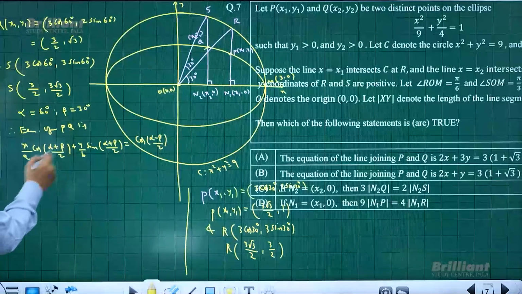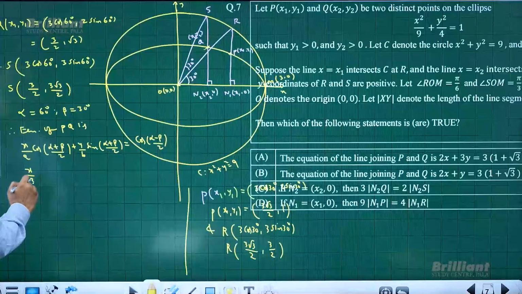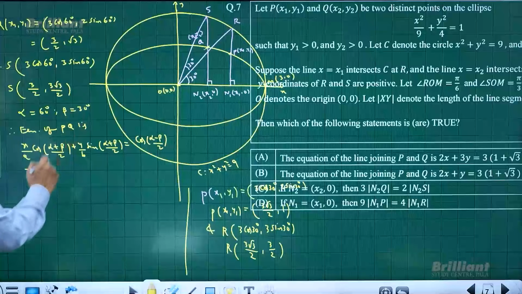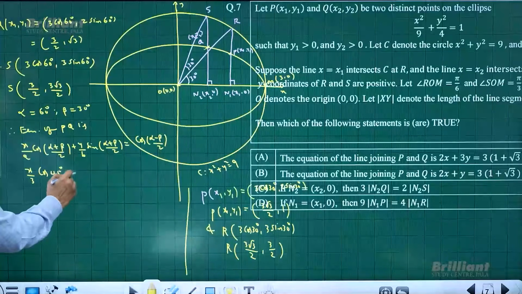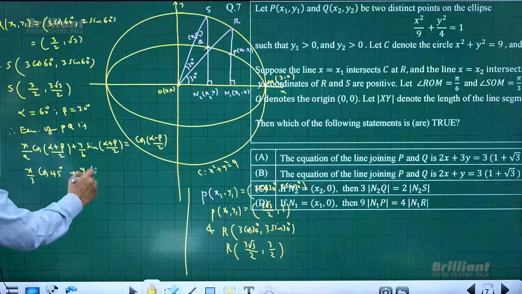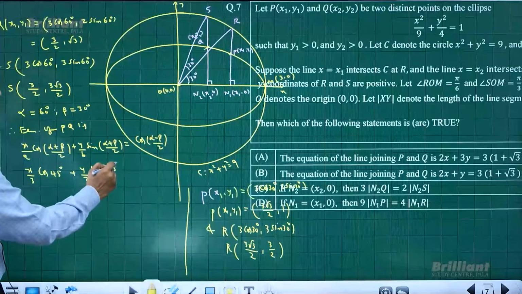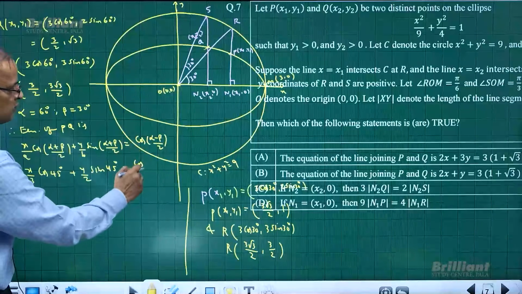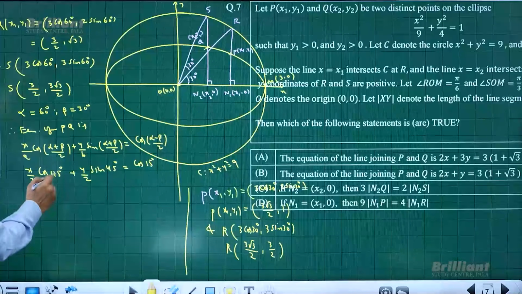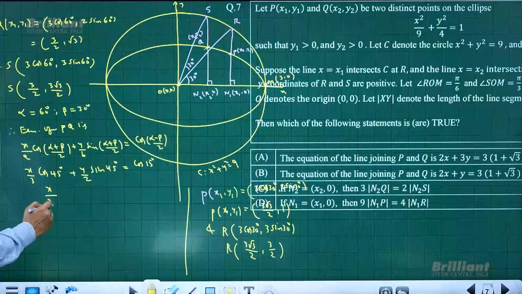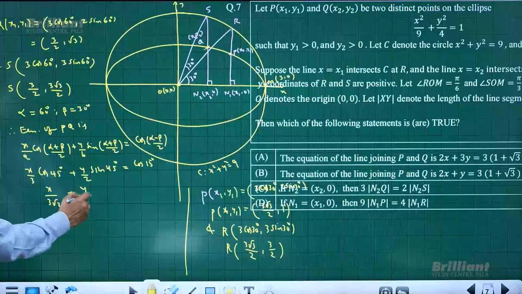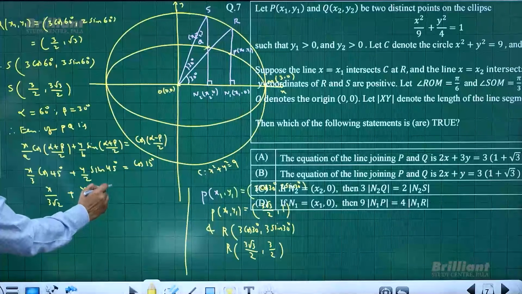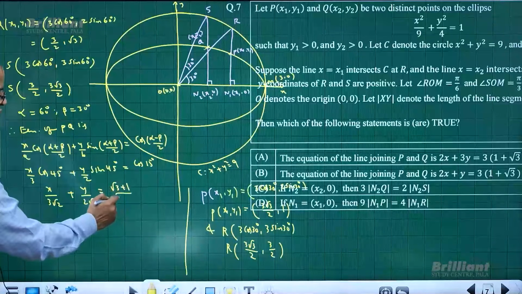Now, substitute alpha, beta, and a. So, x by 3 cos 45, plus y by 2 sin 45, is equal to cos 15 degrees. So, this is 1 by root 2, x by 3 root 2 plus y by 2 root 2 equals cos 15, which is root 3 plus 1 by 2 root 2.